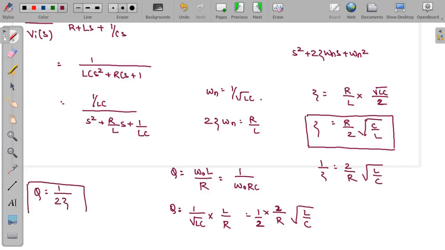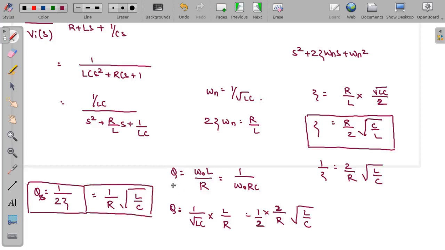So this is also very important, that the quality factor of a series RLC circuit is given by 1 by 2 zeta, and the formula for that is, this 2 will get cancelled, so that is equal to 1 by R under root of L by C. So this is your quality factor for the series RLC circuit. Okay, formula for quality factor.